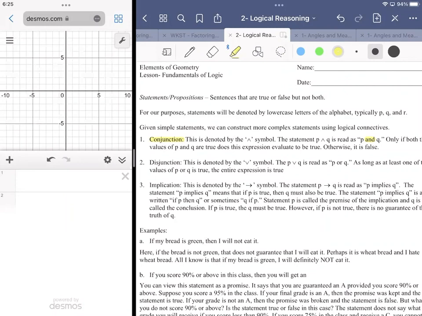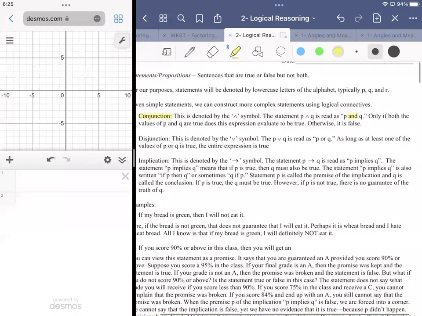Only if both values of P and Q are true does the expression evaluate to be true, otherwise it's false, right? There are examples you can just Google, but this is a situation where you can just think about it for a second and see that this sentence makes perfect sense.